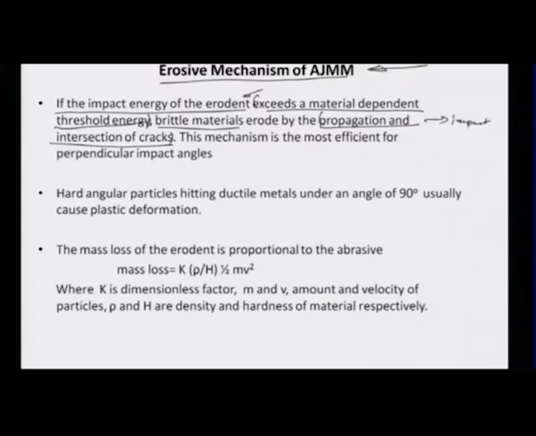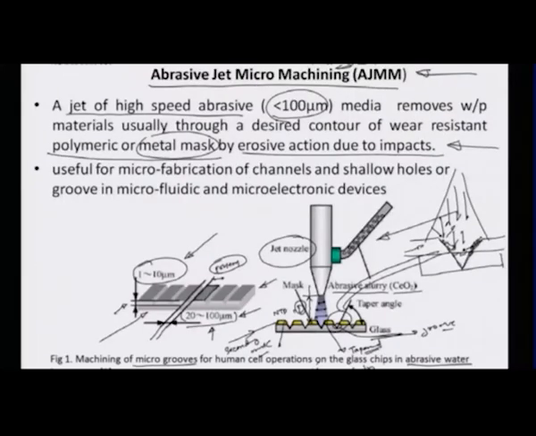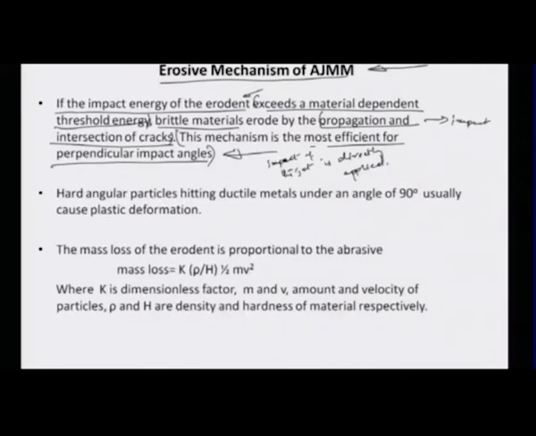This mechanism is most efficient for perpendicular impact angles because in that event the impact of the jet is directly applied. Otherwise there would be a component of the force if there is an angle, and therefore perpendicular angle, as you saw in the last case, is typically the position at which this jet is kept with respect to the mask and the surface.